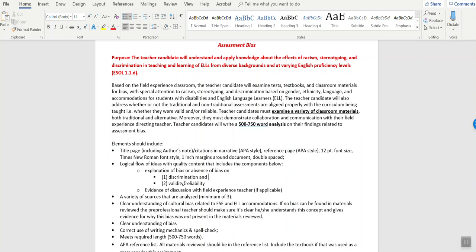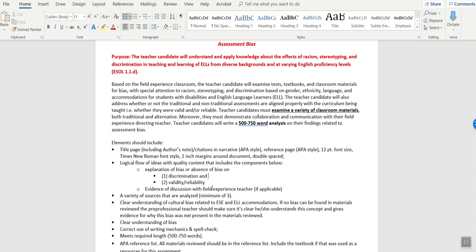So if the two don't match well, if there's some kind of expectation that the students have background knowledge, or some kind of ability to read at a certain level in order to accomplish this task, if there's some type of bias that makes your assessment not valid and not reliable, then that's what you're going to write about in the second paragraph for bias. So you need to address both. And if you cannot find any bias on either one of these, you have to talk about an absence of bias for both of them, but you've got to discuss both.